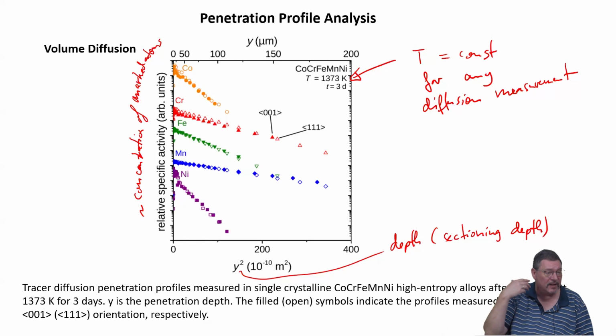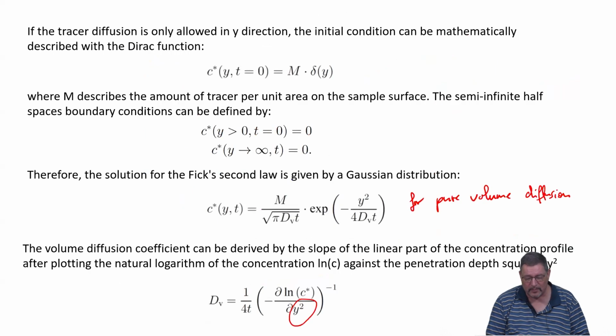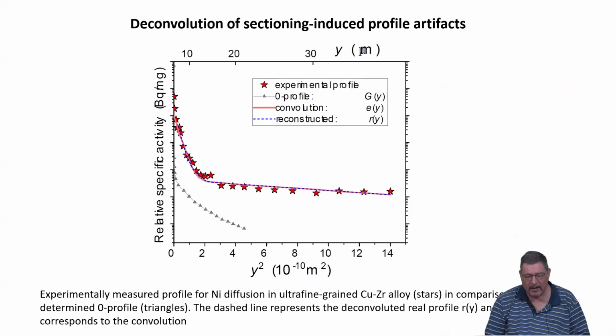But this means that one has to do many experiments, and each experiment at each constant temperature is an individual experiment done, then sectioned, evaluated, then you only get 1D, right? So you have to do more than one experiment. Then one needs to deconvolute the profiles which you measure from induced artifacts of the measurement.